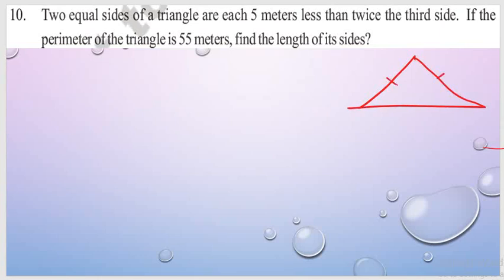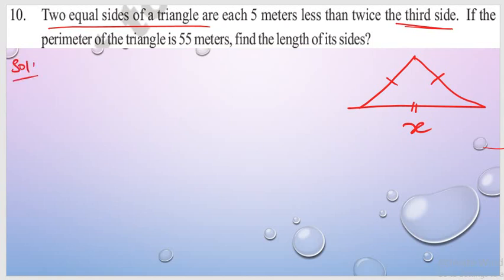In this triangle I have two equal sides and this is my third side, and he has mentioned that these two equal sides of the triangle are being compared with the third side. If I consider this third side as x, then automatically I am going to get the remaining two sides, right? Since the remaining two sides are equal, then I am going to get the solution, right?